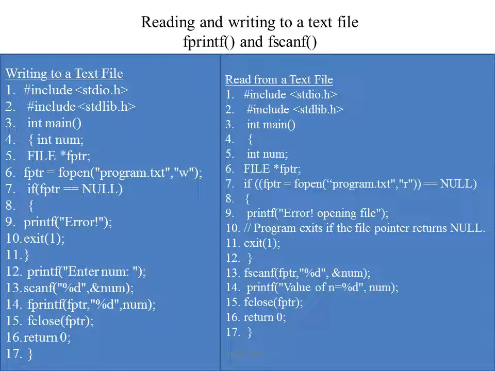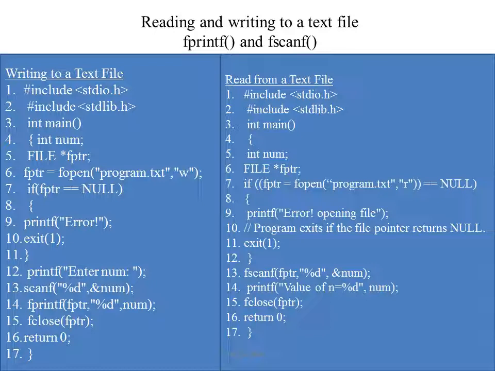Clear? The right side of the screen is reading a text file, meaning we want to take the value from the file. Lines number 5 and 6, I think, are clear. Come to line number 7. In this we are opening as well as comparing the pointer to null in a single line.